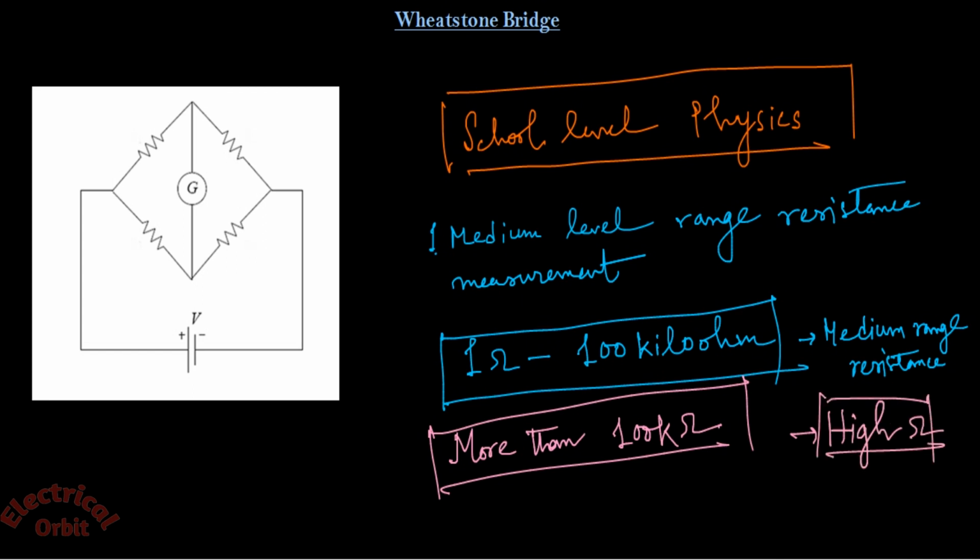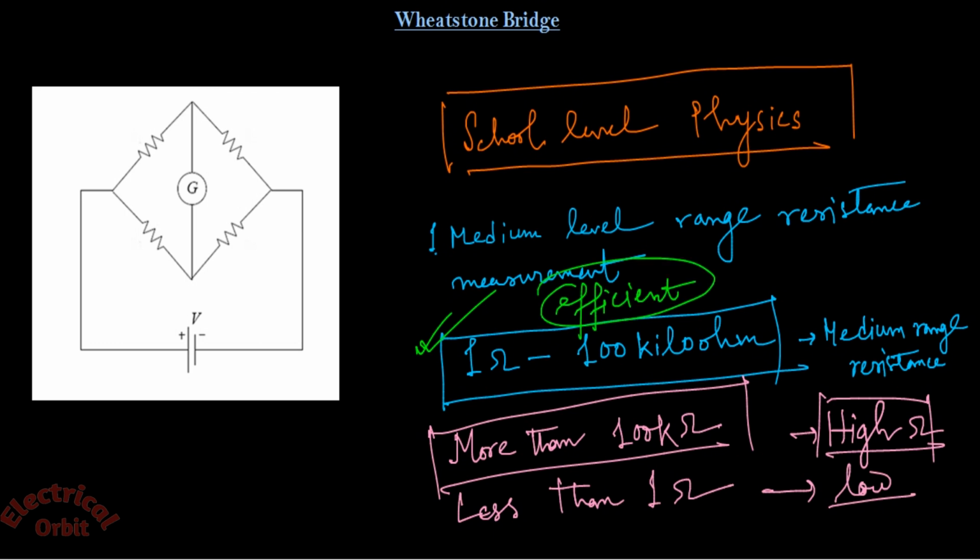Okay, and less than 1 ohm is called low value of resistance. So in this Wheatstone bridge, we are going to measure resistance values ranging between 1 ohm to 100 kilo ohm. The bridge is most efficient in measuring this value of resistance.